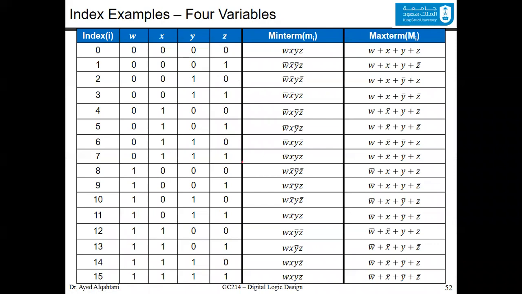Now, this is the same thing, but for 4 variables. If you have W, X, Y, and Z, the index will be from 0 up to 15. And you can check, I'll take one at random, for example, 11.